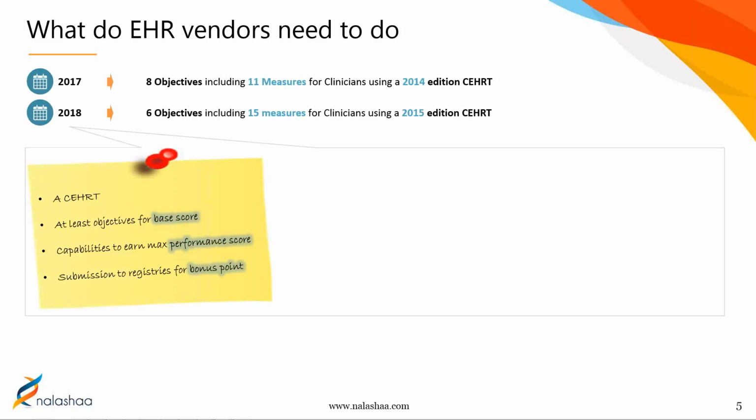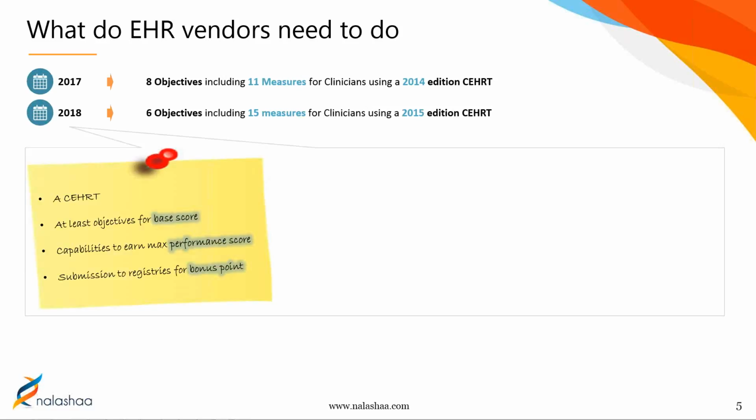So the first one, as we see, is a certified EHR. Clinicians can report under the quality payment program only if they are using a certified EHR. The second component we see is that the EHR should have the capability to include all the base measures.